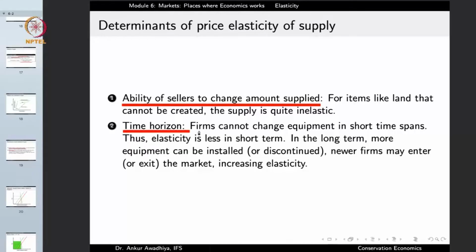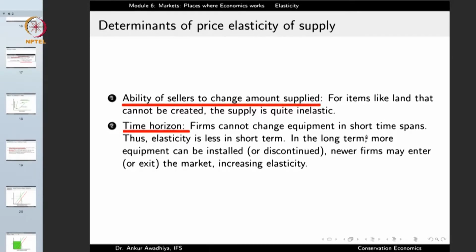But this change in the manufacturing capability will not happen in a day. The seller would have to hire more people, or the manufacturer would have to install new machines, which will take time. So time horizon is also a determinant of the price elasticity of supply.